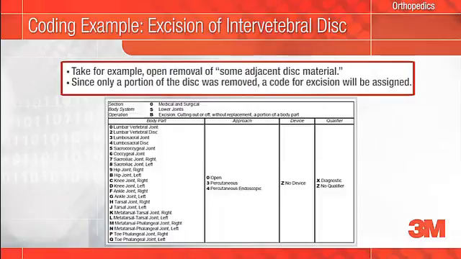Here you see the table the coder will use to construct the code for this procedure. The first 3 digits of the code come from here, indicating an excision procedure involving the lower joints. The next digit of the code captures the specific body part, and in this case, the lumbar vertebral disc. The approach was stated as open.